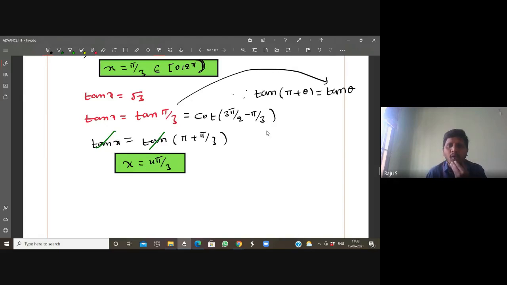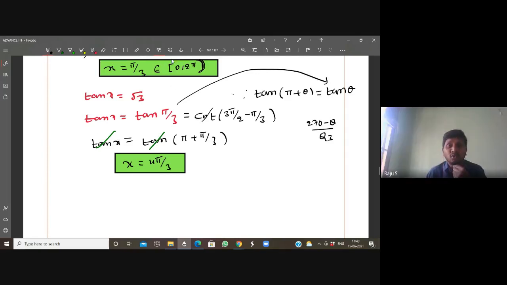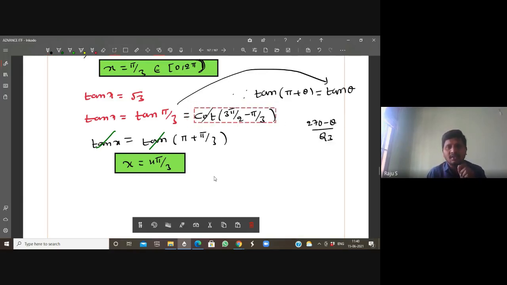This clearly belongs to quadrant 3. But can you cancel cot and tan? No, sir, we should have cot on both sides, so you should take either 180 plus theta, 180 minus theta, 360 plus theta, or 360 minus theta to get the principal solution, right?